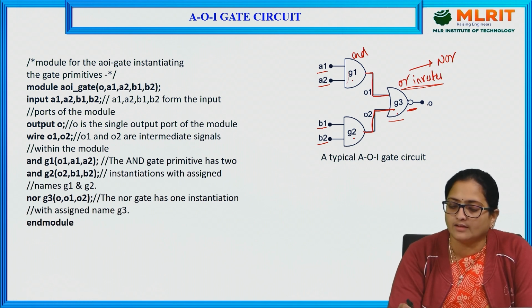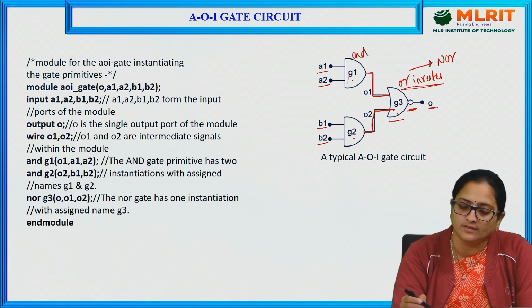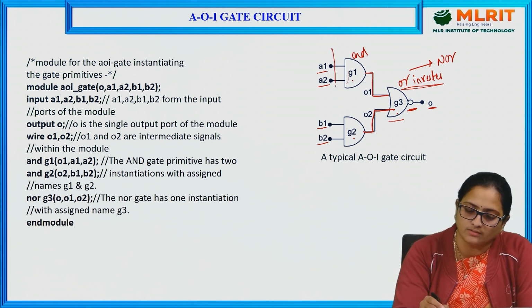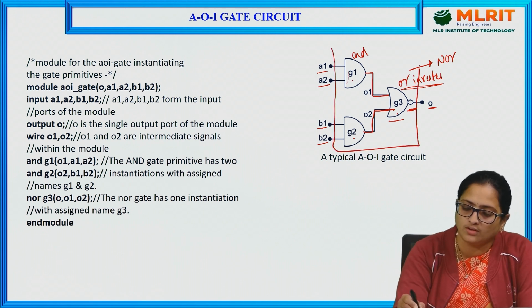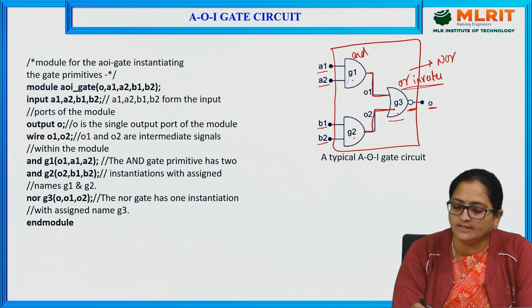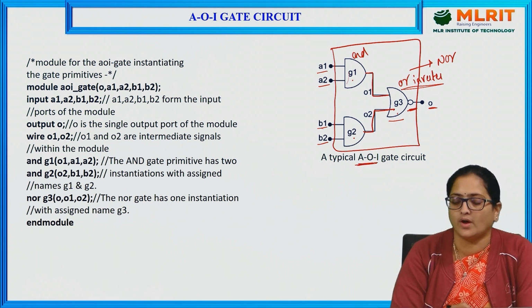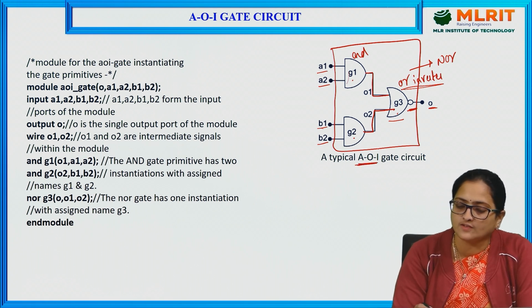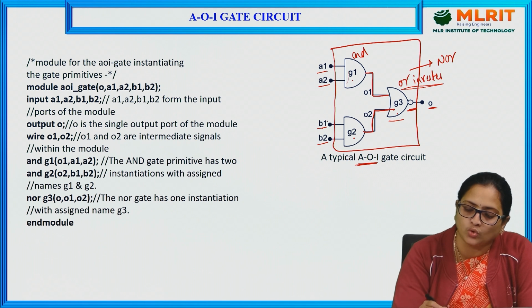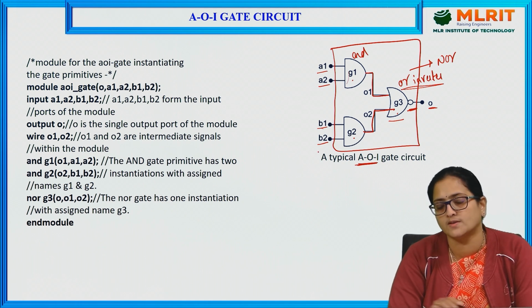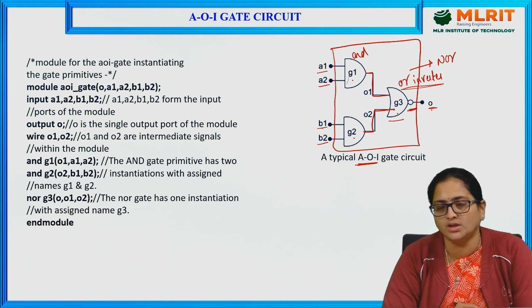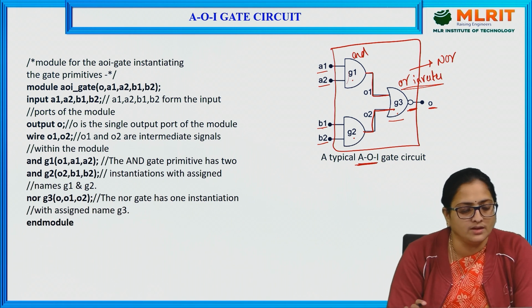And here the NOR gate output is taken as O. Here, I'm assuming this is a module. The module name is AOI, and this module consists of A1, A2, B1, B2 as the input ports and O as the output port. The same thing I have written here.